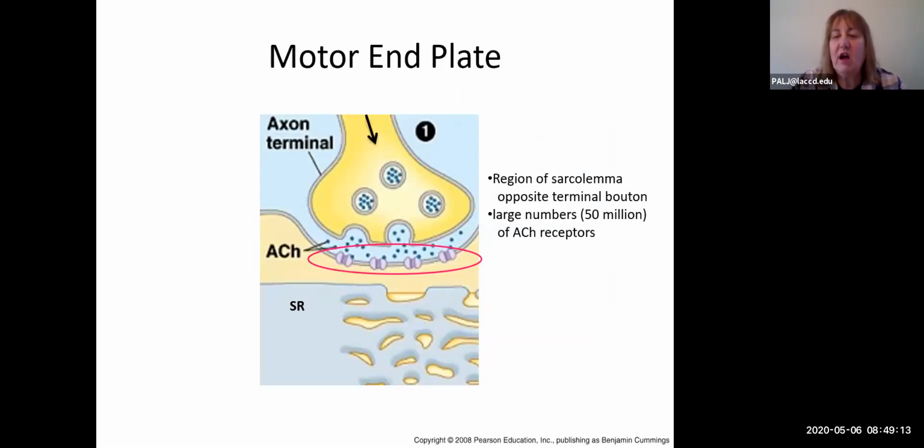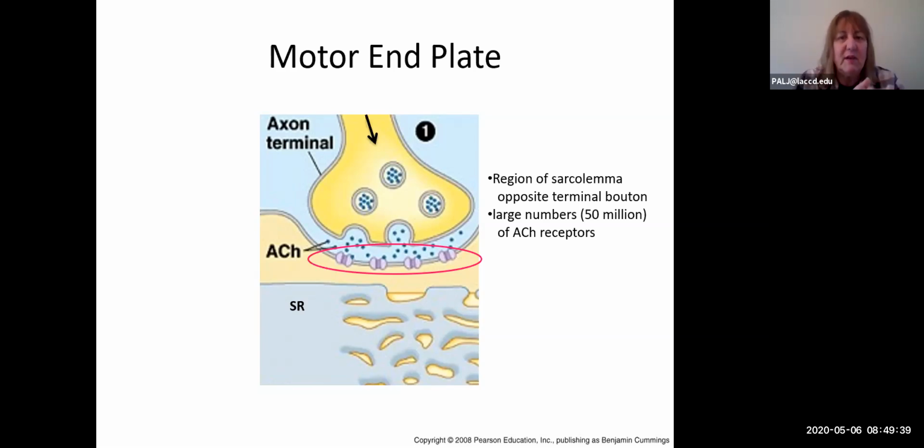Another structure I want to introduce you to is something called the motor end plate. The motor end plate is an area on the sarcolemma. It's always opposite where these terminal boutons are located, because it's in the motor end plate where we find millions of acetylcholine receptors.